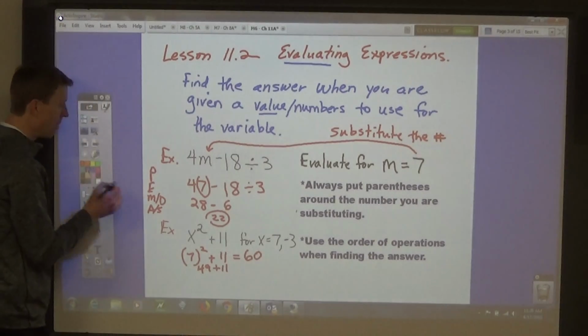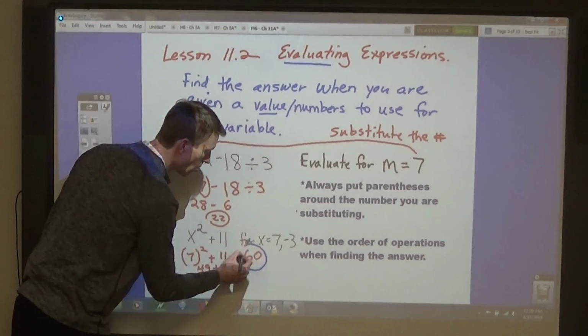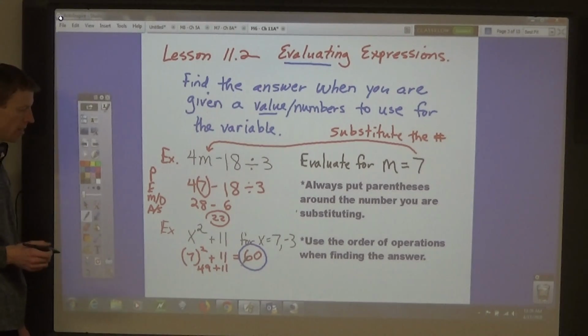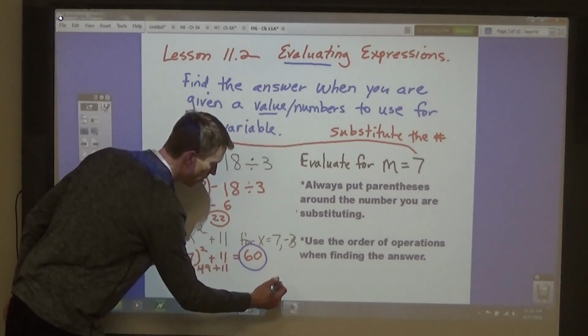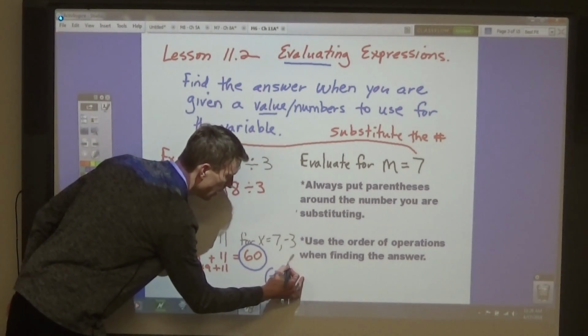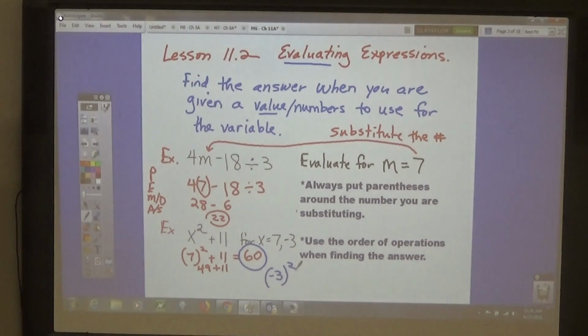Then we substitute in the negative 3. First of all, circle 60, because you always want to circle your answers when you're doing this. And then put in negative 3, in parentheses, squared. You have to put parentheses around this one.